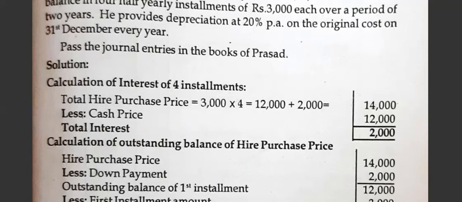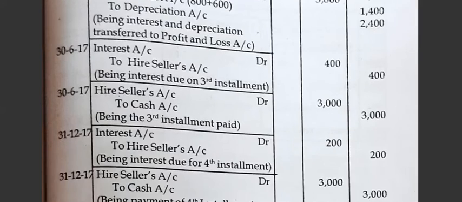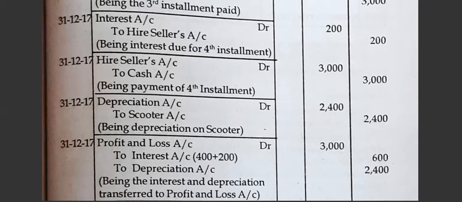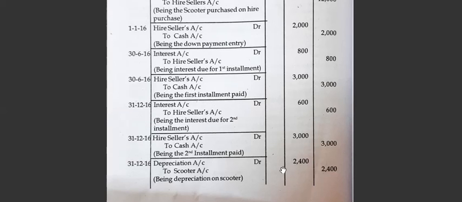So 12,000 into 20%, you will get 2,400. See here it is 2,400. So it is the original cost method, 20%, 2,400 on cash price.